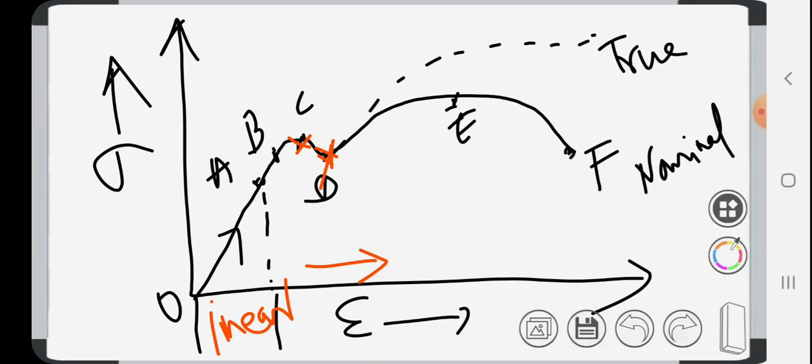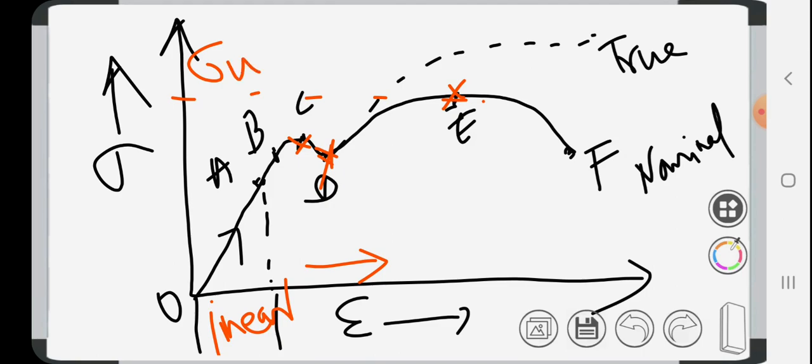The maximum load here at point E is the maximum load which the specimen can withstand without failure. This is the maximum stress, sigma maximum or ultimate sigma u.